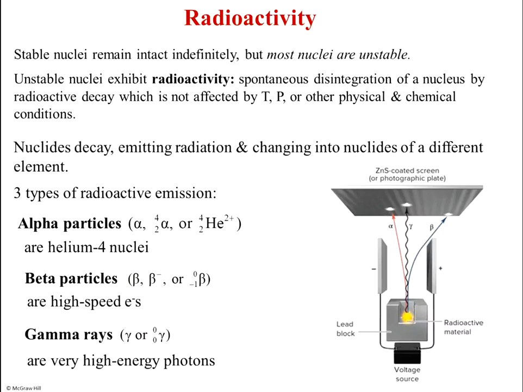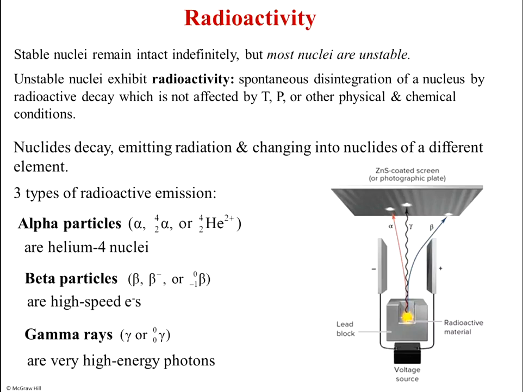Now, if you look in the lower right-hand figure here, you see something that is reminiscent of Thomson's cathode ray experiment. We have a radioactive material, and then we have an electric field, so we have a positive and a negative electrode, and then we have a phosphorescent screen at a distance.